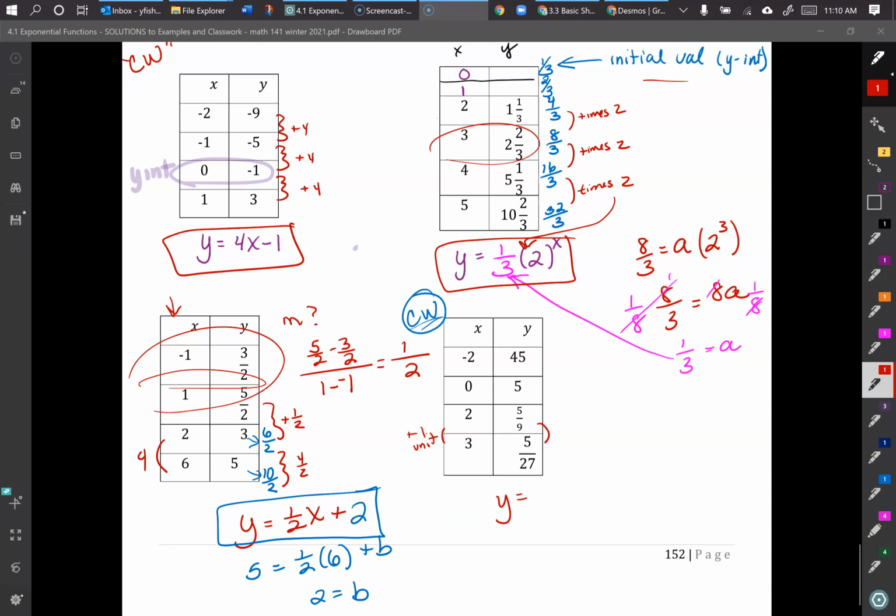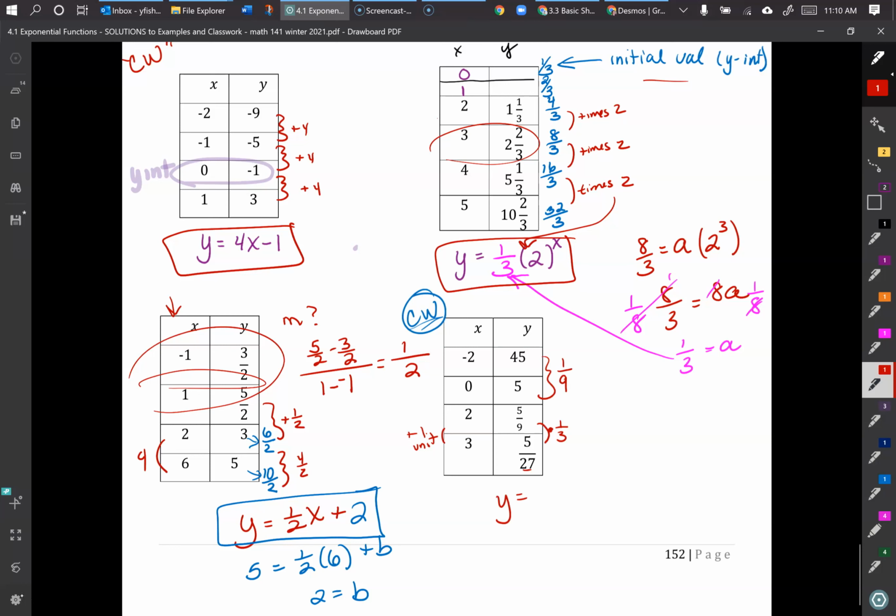Then I would notice that I'm multiplying by 1/3, right? I'm not adding that. I have to multiply in order to make that leap. But on this one, it's kind of a little bit different. It's a little weird because I'm actually multiplying by 1/9, right?